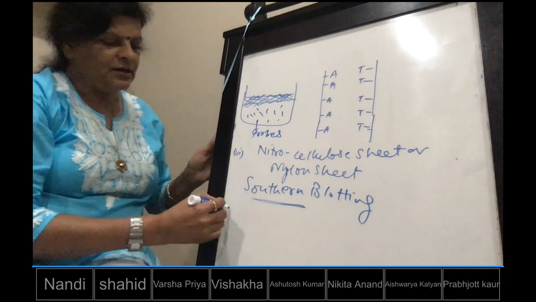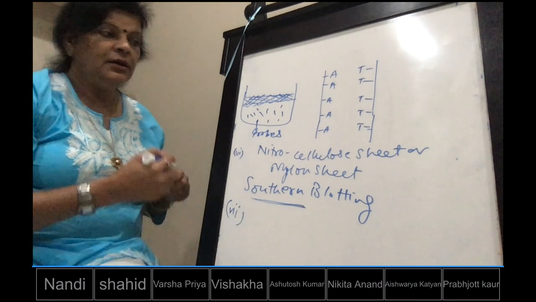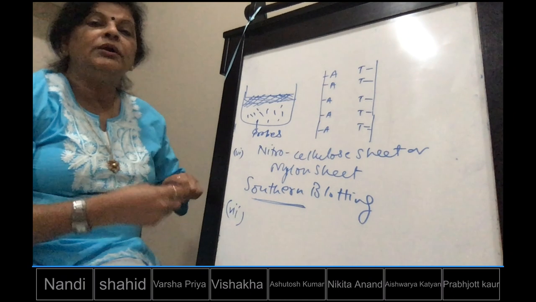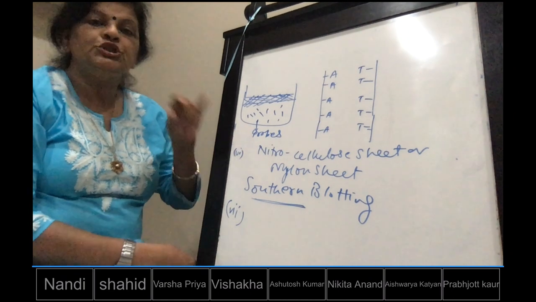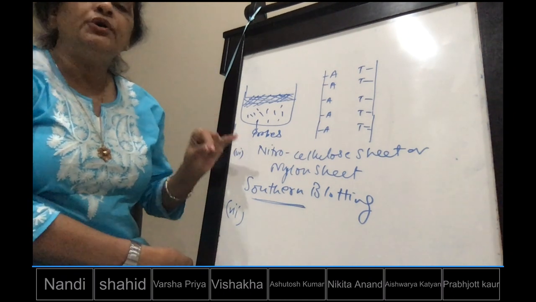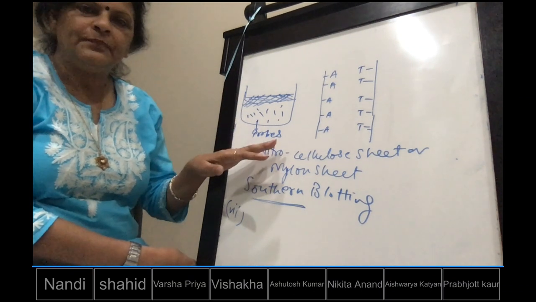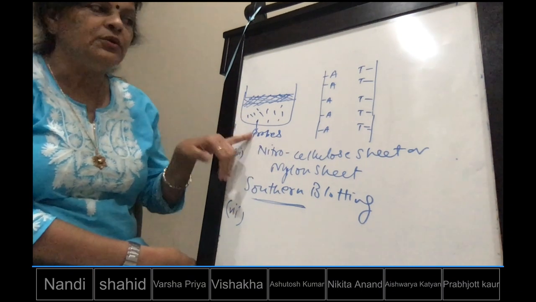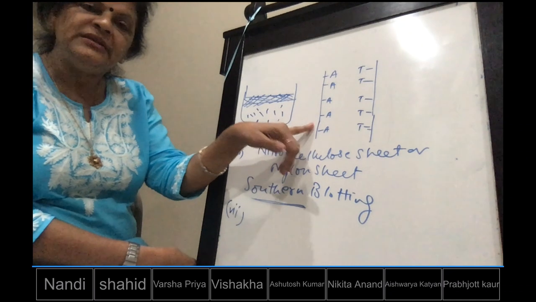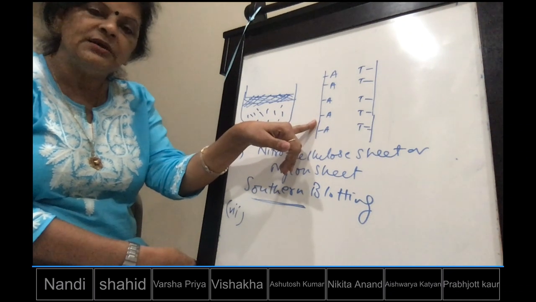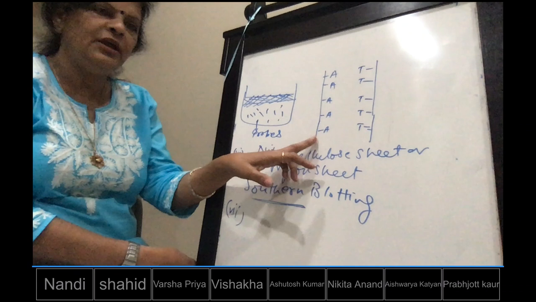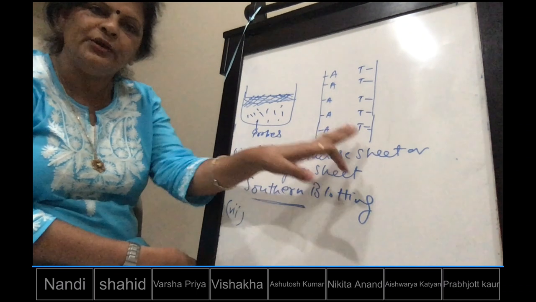Now the seventh point. Actually, first let us understand what are probes. Probes are short repeated nucleotide sequences which are radioactive. VNTR is not radioactive.